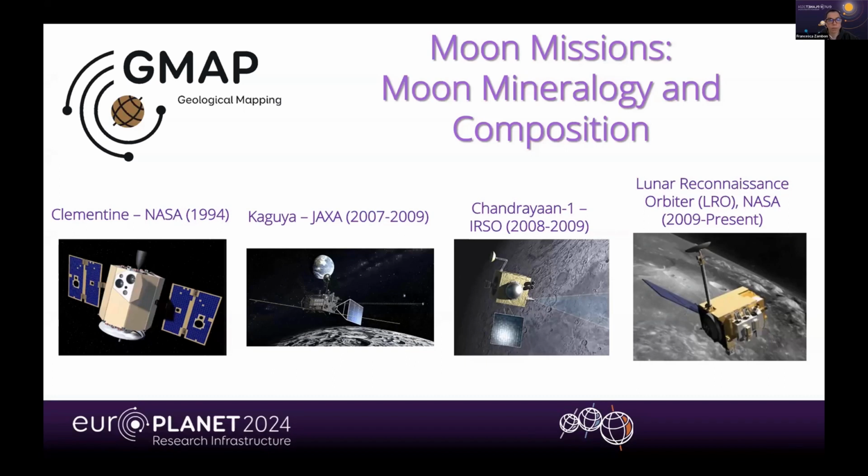Then we have Kaguya from JAXA, and the Chandrayaan-1 mission, which is an Indian mission, which explored the moon with an imaging spectrometer, and then also the Lunar Reconnaissance Orbiter from NASA, which has a multi-filter camera.